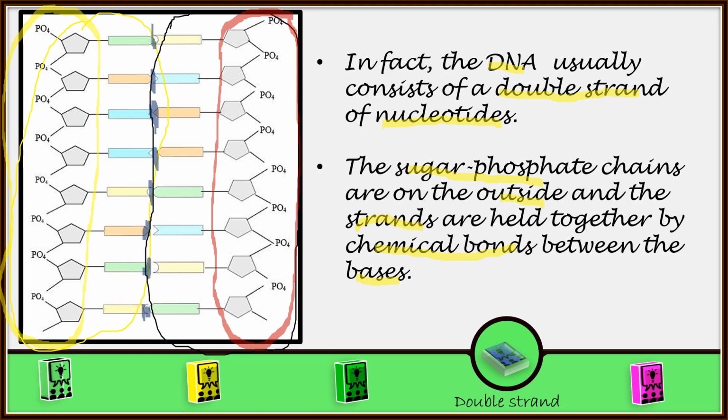The bases form the bond. For example, here we have a base and a base, they form a bond. So those bonds which are between the bases are the ones that are holding the strands together, which we call the double strands of nucleotides.